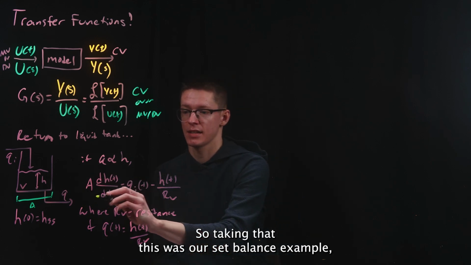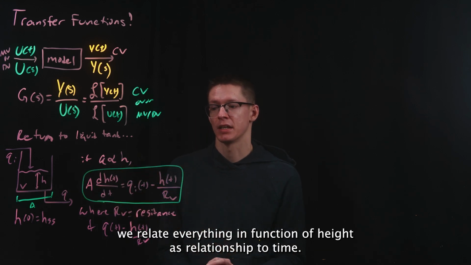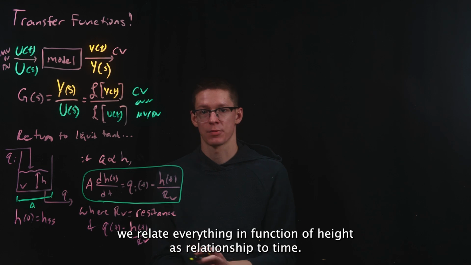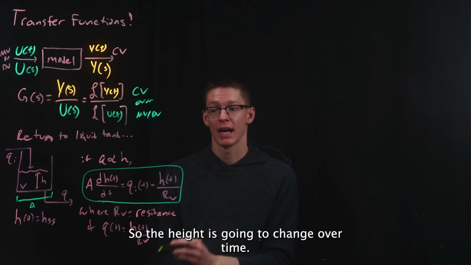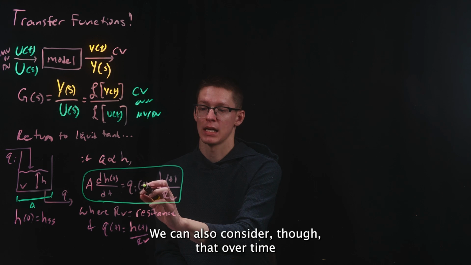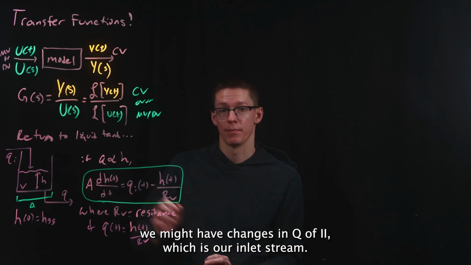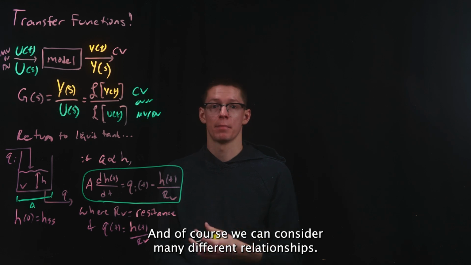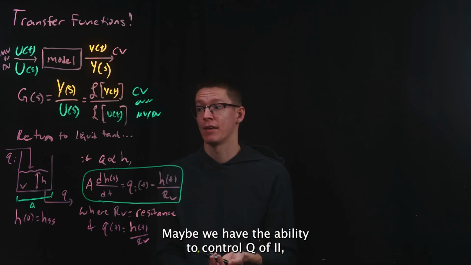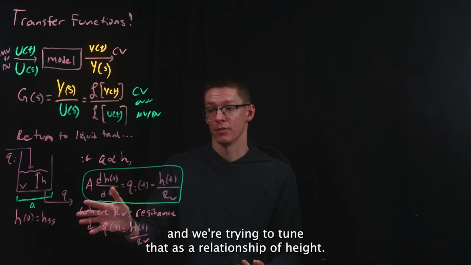So taking that this was our set balance example, we relate everything in function of height as a relationship to time. So the height's going to change over time. We can also consider, though, that over time, we might have changes in Qi, which is our inlet stream. And of course, we can consider many different relationships. Maybe we have the ability to control Qi, and we're trying to tune that as a relationship of height.